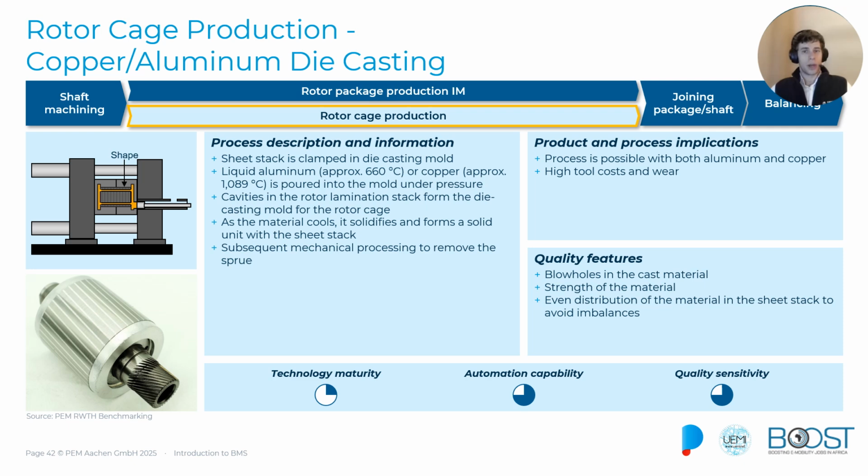Once the metal cools and solidifies, the mold is opened to release the cast rotor cage. This method ensures precise dimensions and durability, essential for efficient performance in induction machine rotors.